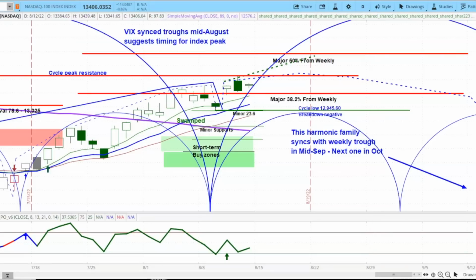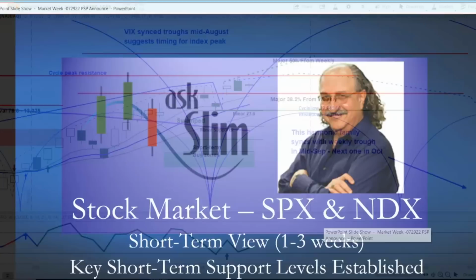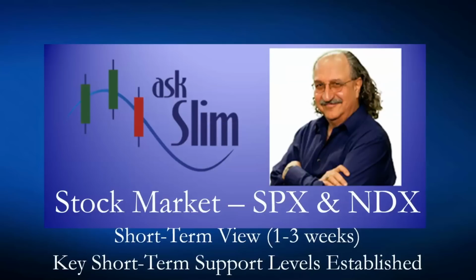The Russell, I won't show that right now, but the Russell is in a condition similar to the Nasdaq, as it's only gotten just above that 38% retracement level, and it is still in a condition similar to the other indexes that it could fall starting towards the end of August.